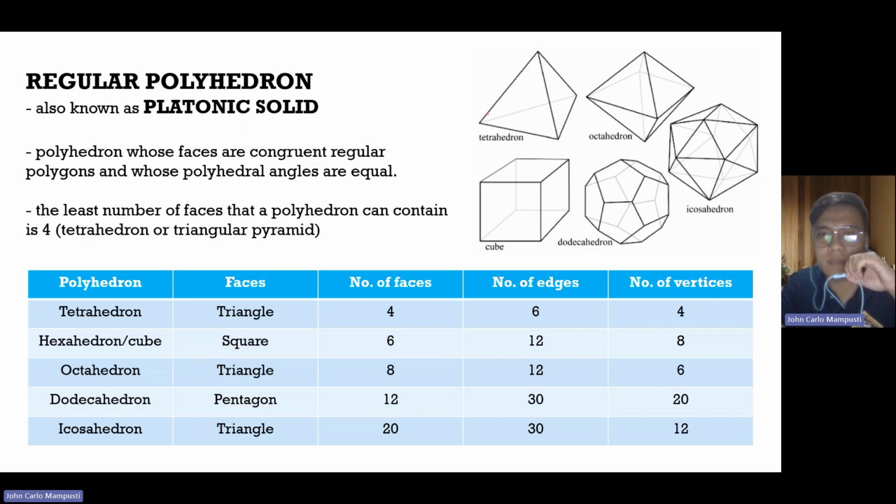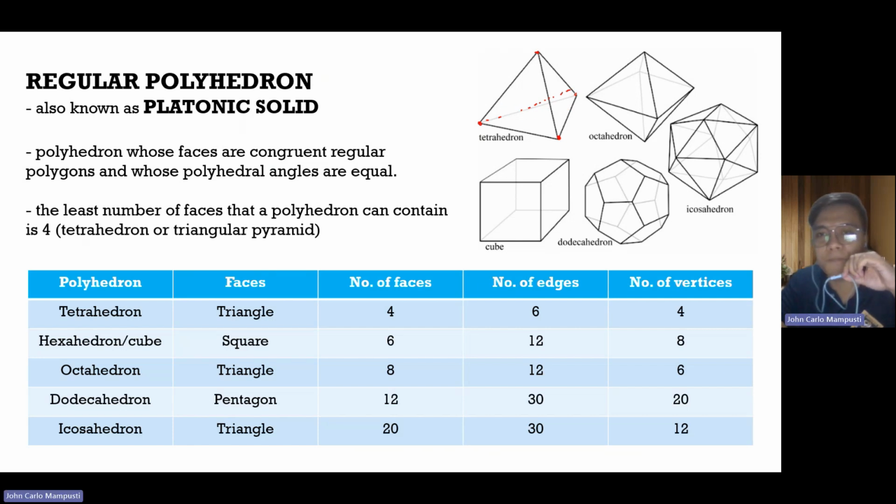So as you can see, same sila, no? Pare-parehas sila nung polygon. Let's say yung base na to, this is a regular polygon. So dapat regular polygon din yung the rest.